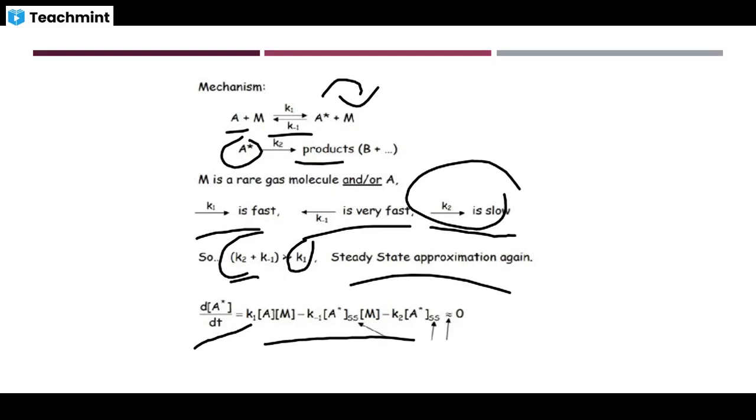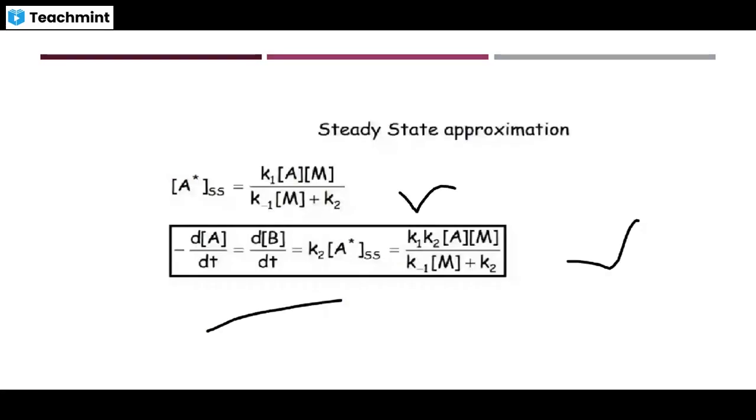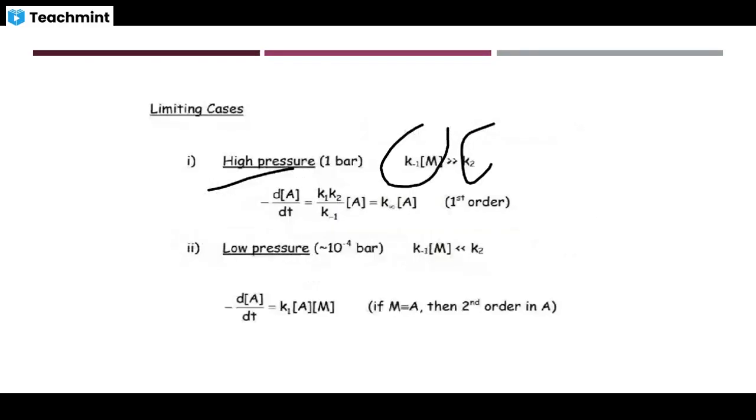Because at high pressure the A star and M are very close to each other, they collide to form the initial A and M. The rate becomes k infinity A, first order. At low pressure there is no M nearby, so the reverse happens.